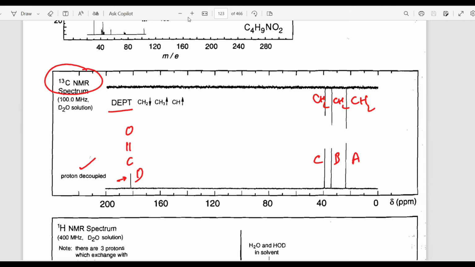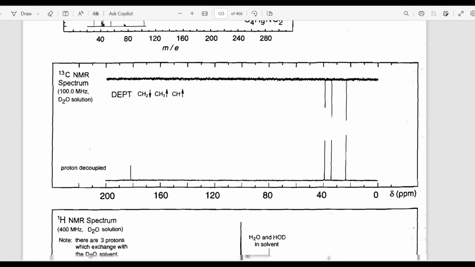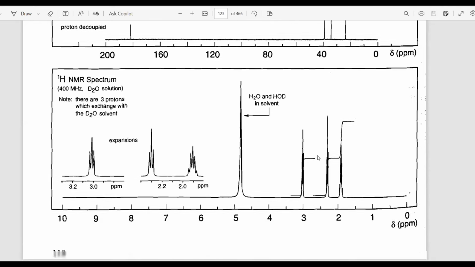Okay, now let's move towards the proton NMR. The molecular formula was C4H9NO2. So the molecular formula is telling us the unknown compound contains 9 hydrogen. Now if you see here, a note is given: there are 3 protons which exchange with D2O solvent.